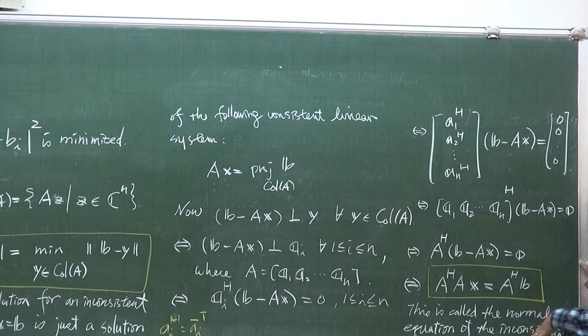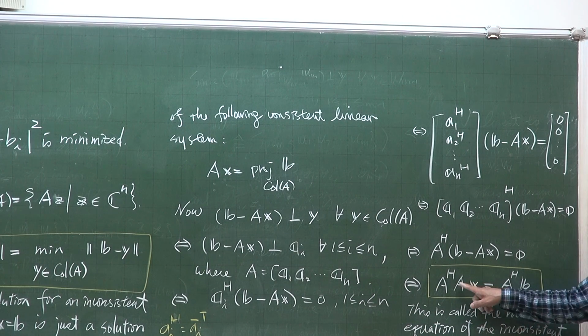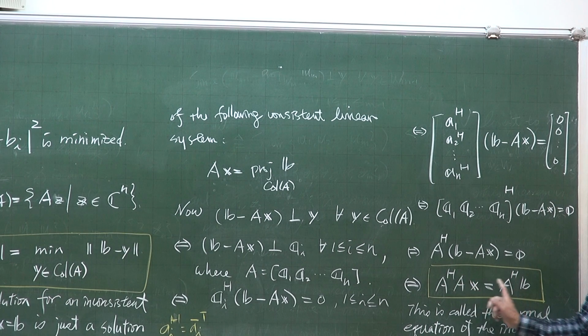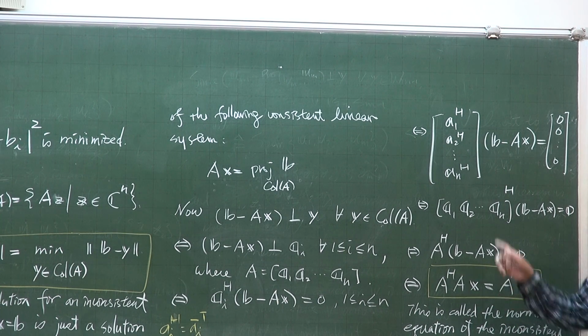But we are trying to find the least squares solution. And this least squares solution can be obtained from solving the normal equation. The normal equation is formed by multiplying the Hermitian of A on both sides. This system must be consistent because we followed everything here. So this is a consistent system, and there exists a solution, and any solution of the normal equation is just the least squares solution.